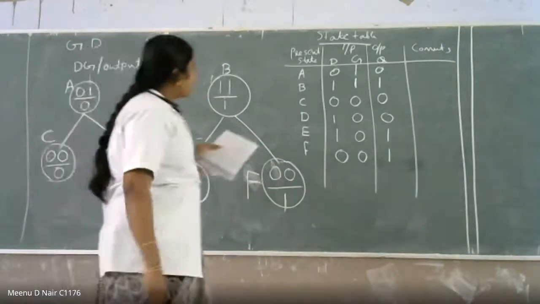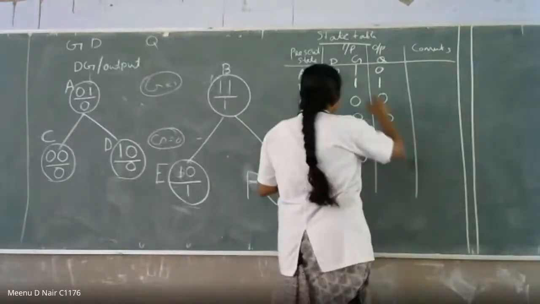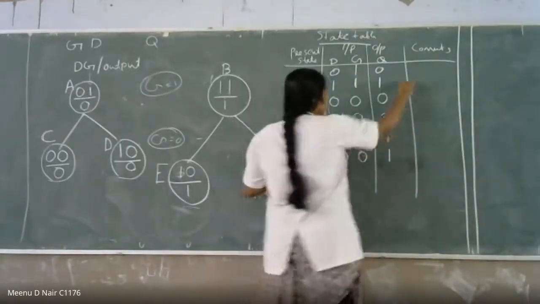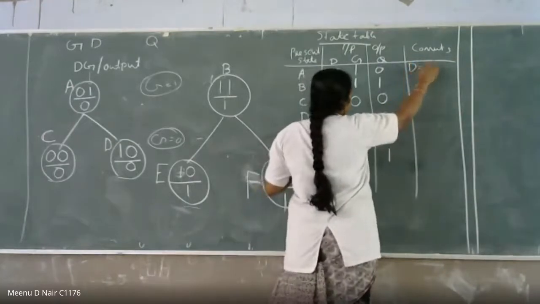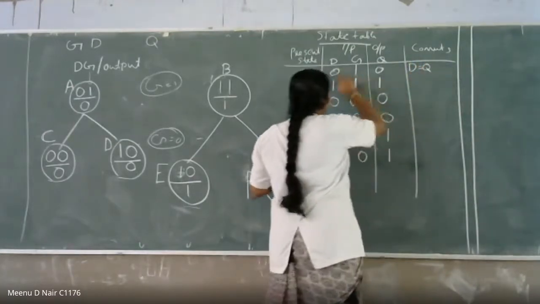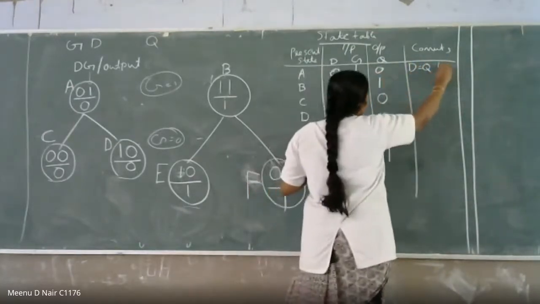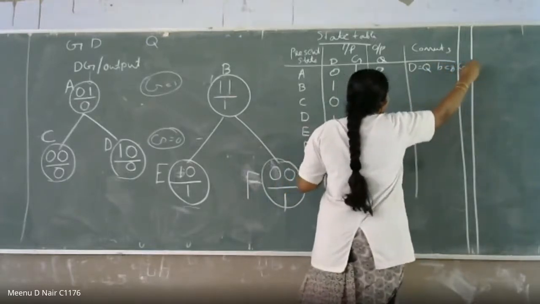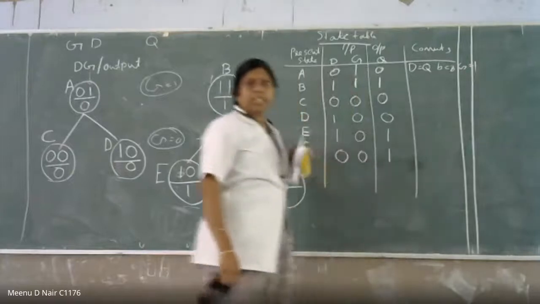So what comments do you have to write here? For A, which is 0, 1 with Q equal to 0, B is equal to Q because G is equal to 1. Is it clear?